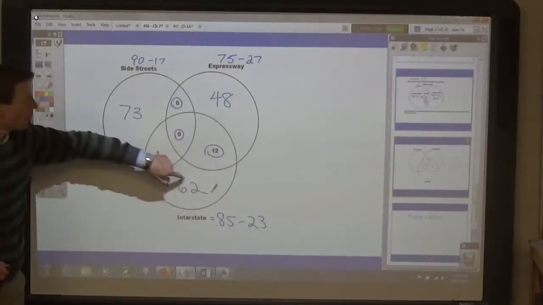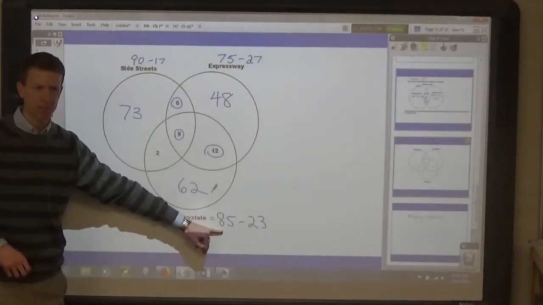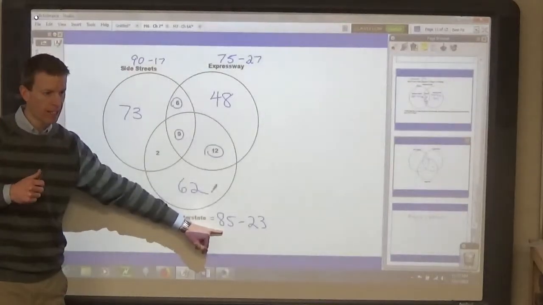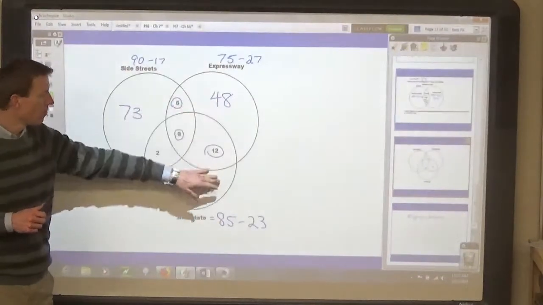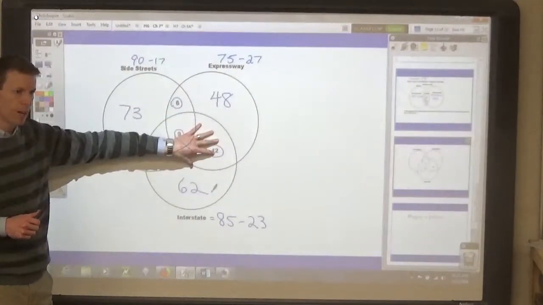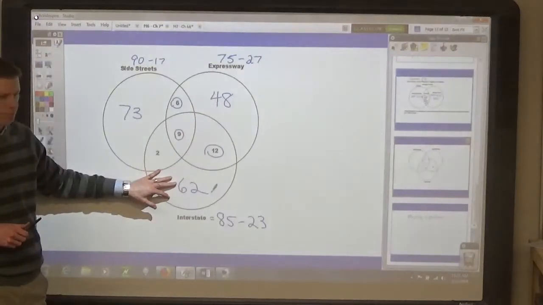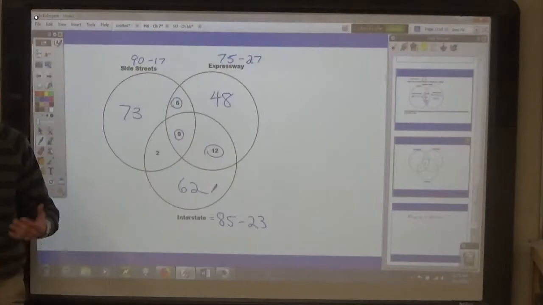Correct. There's overlap. So if you just added 90 plus 75 plus 85, you'd be adding people multiple times, just like Olivia said. So you have to figure out all of the individual spots, all of the individual spaces, and then add up the numbers. How many total were surveyed?